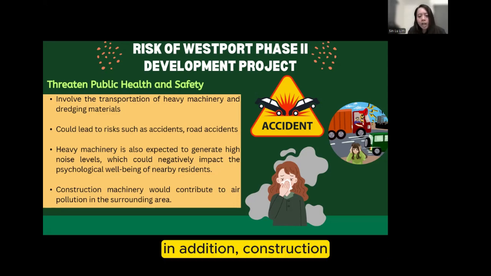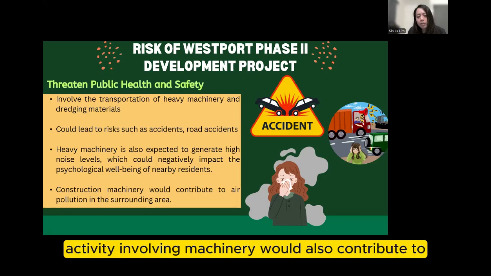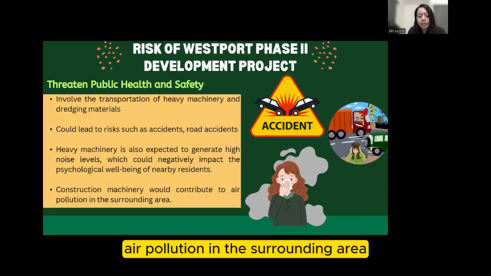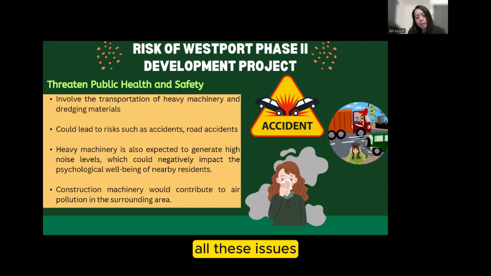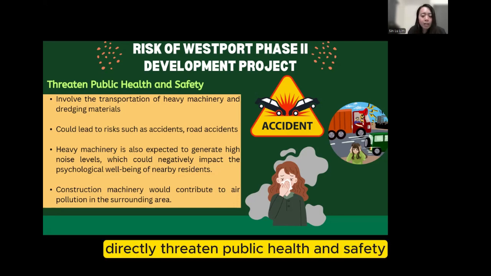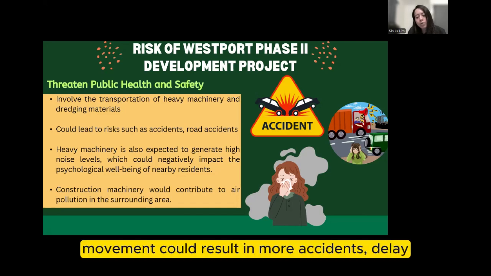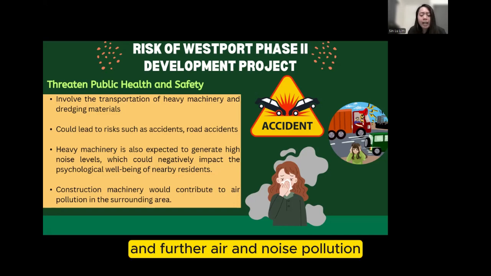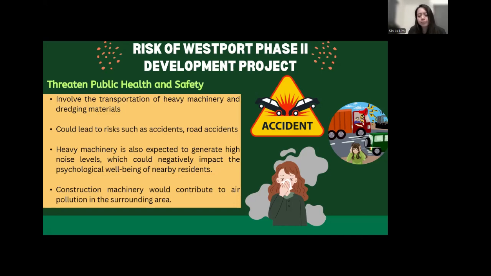In addition, construction activity involving machinery would also contribute to air pollution in the surrounding area. All these issues directly threaten public health and safety, as increased traffic and heavy vehicle movement could result in more accidents, delays, and further air and noise pollution.